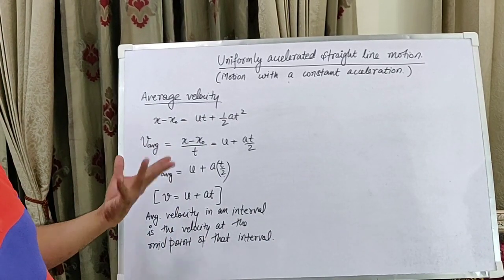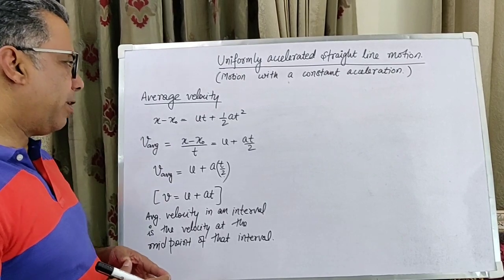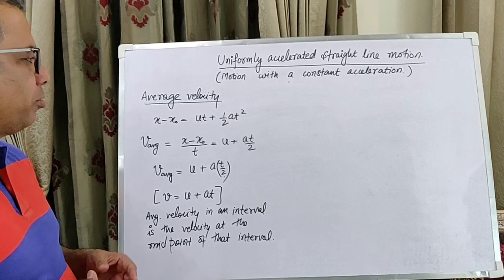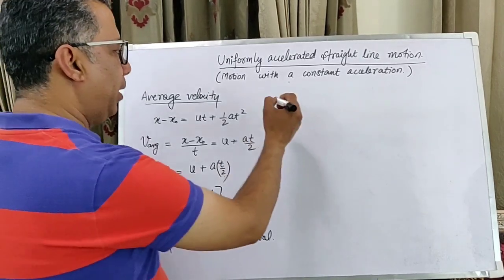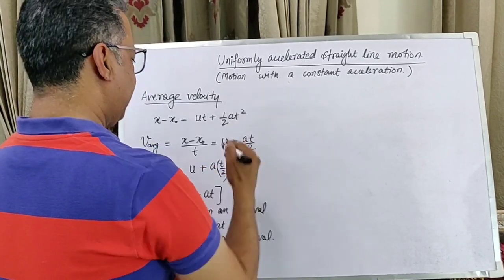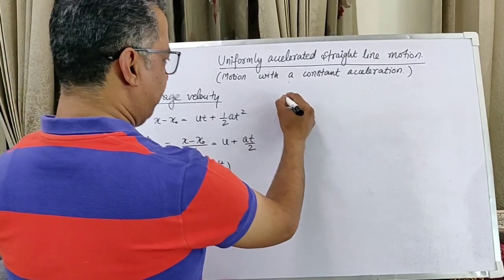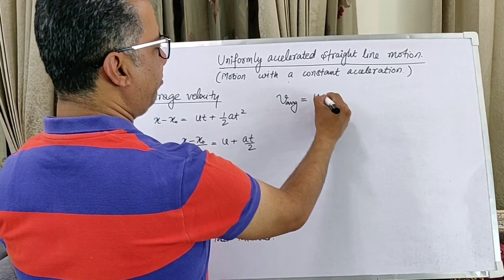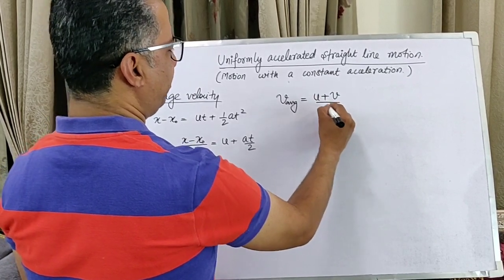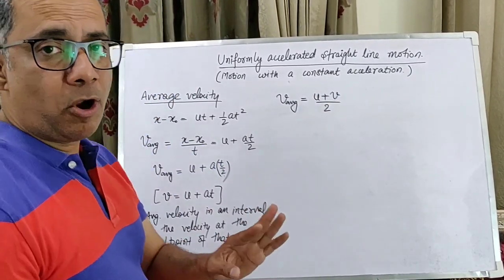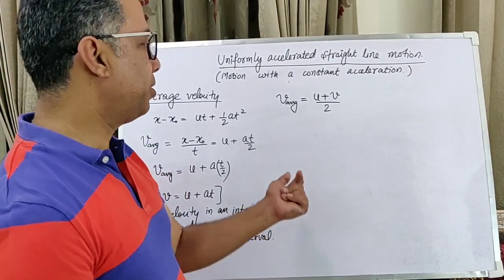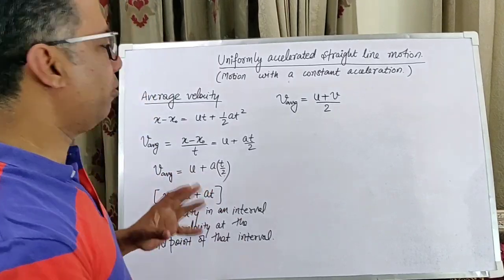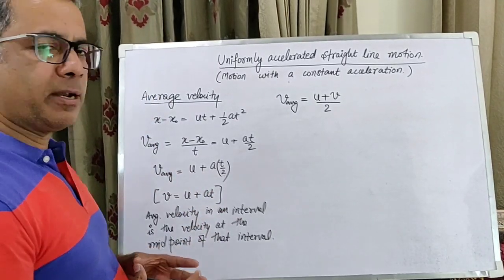Now there is another way of looking at average velocity in uniformly accelerated straight line motion. Let's try and calculate average velocity as initial velocity plus final velocity by 2. This is not going to be true in general, but you will find that this turns out to be true in case of uniformly accelerated straight line motion.